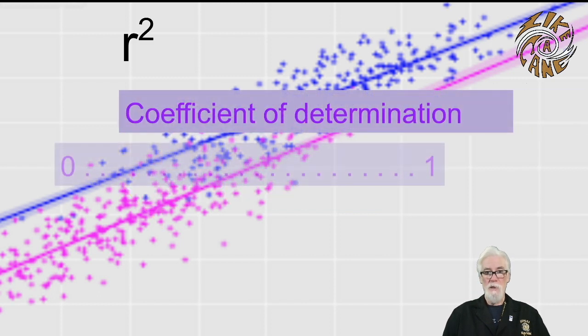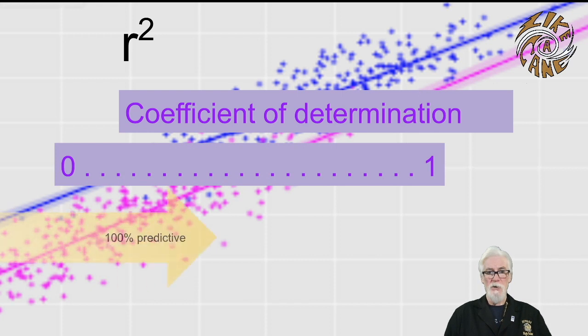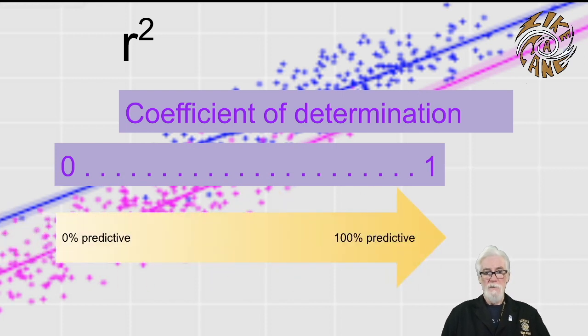There's another number that some regression analysis tools give us, and that's called R squared. The name for this is the coefficient of determination, and because it's squared, there are no negative numbers. So this range is just from 0 up to 1, and this has a little bit easier to understand meaning.